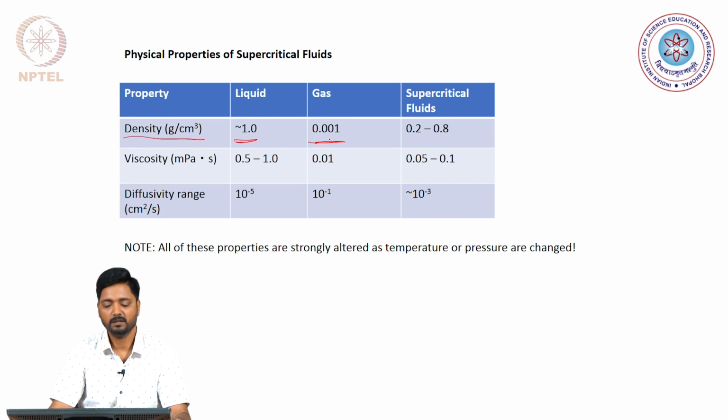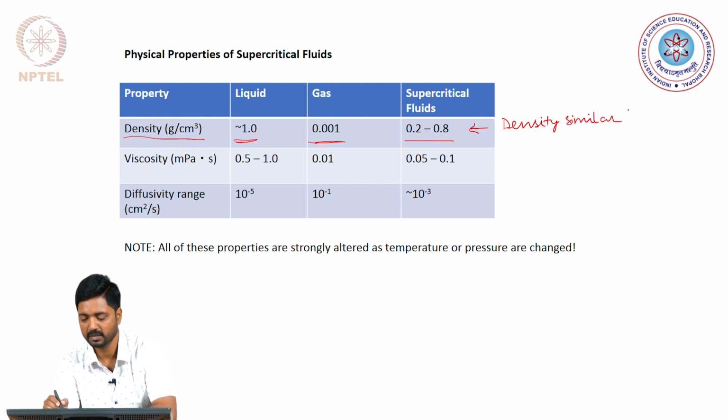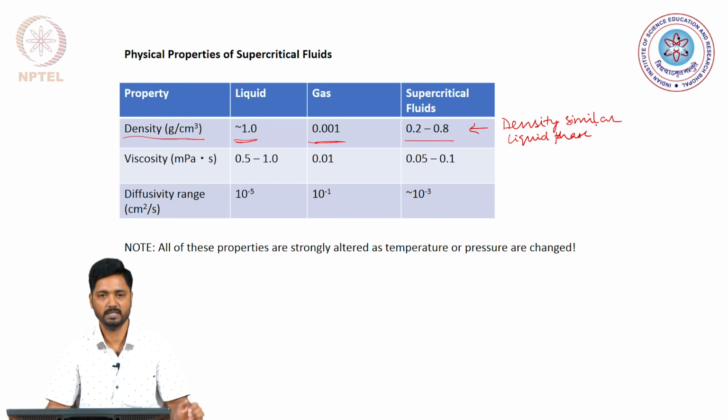cube. Now, the supercritical fluids are decently dense. So, they have a density which is similar to that of liquids. So, the density of supercritical fluids is similar to the liquid phase of material, and this is an important point to be kept in mind.